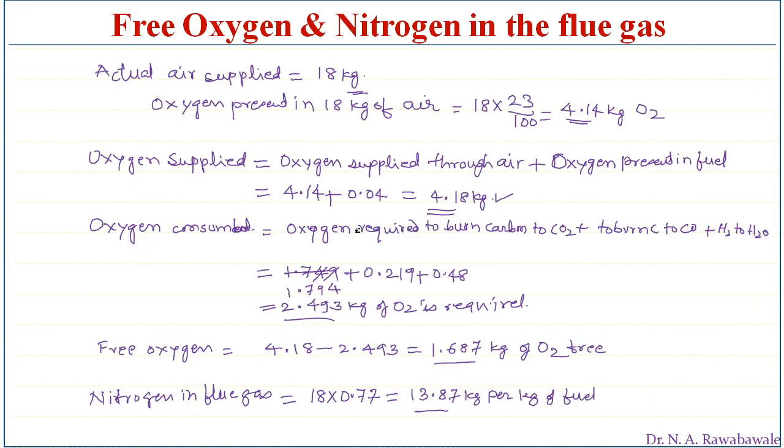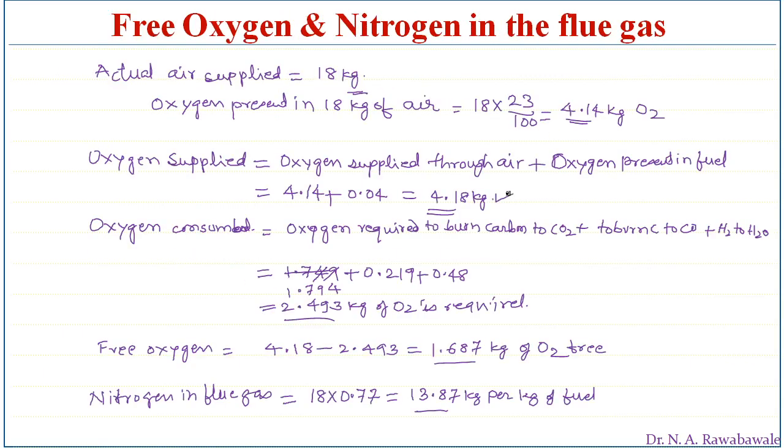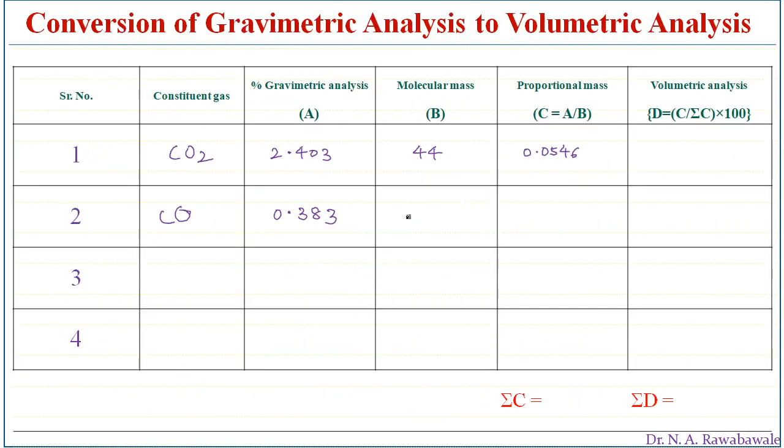Then coming to the second constituent, carbon monoxide, CO. The carbon monoxide produced is 0.383 kg, which we have taken. The molecular mass of carbon monoxide is 28, so 0.383 divided by 28 works out to be 0.0137. Next comes oxygen, O2.